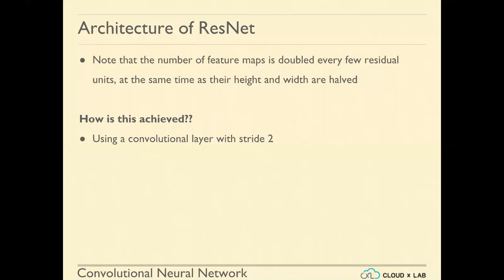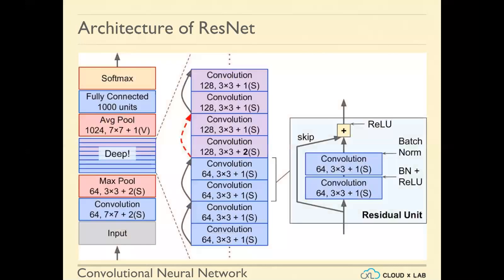Note that the number of feature maps is doubled every few residual units at the same time as the height and width is halved. So every time in the residual network unit, the width and height is halved.